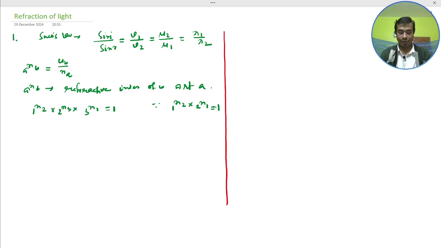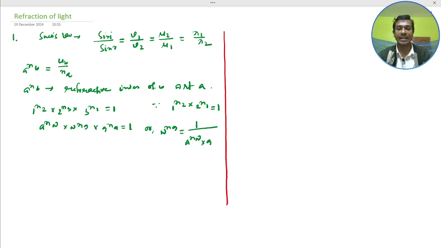So apply this: air, water, and gas. The refractive index of gas with respect to water would become aNg divided by aNw.